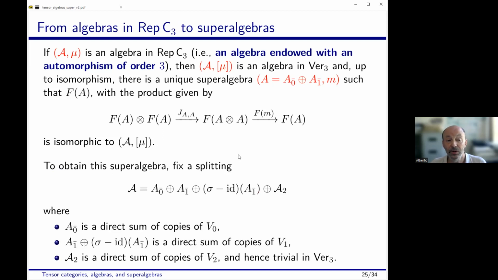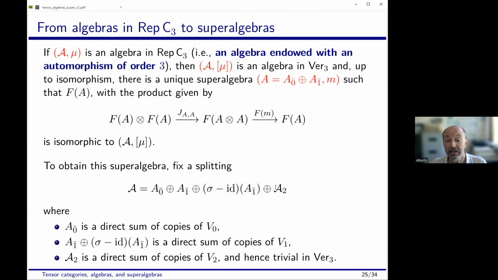And in order to construct this algebra A out of our original algebra, remember, any object in the category of representations of C3 decomposes as one-dimensional indecomposable objects, two-dimensional indecomposable objects and three-dimensional indecomposable objects: copies of V0, copies of V1, and copies of V2.